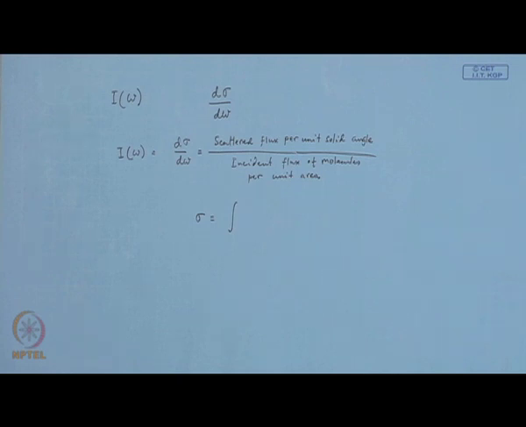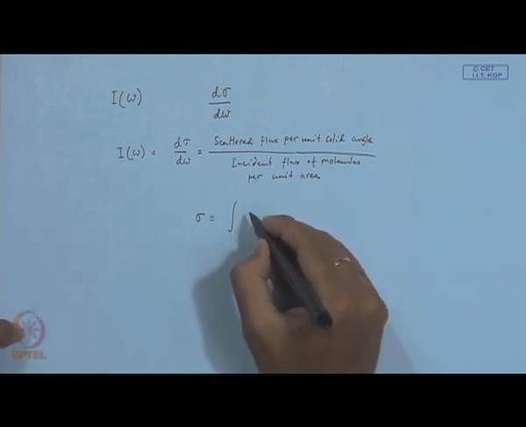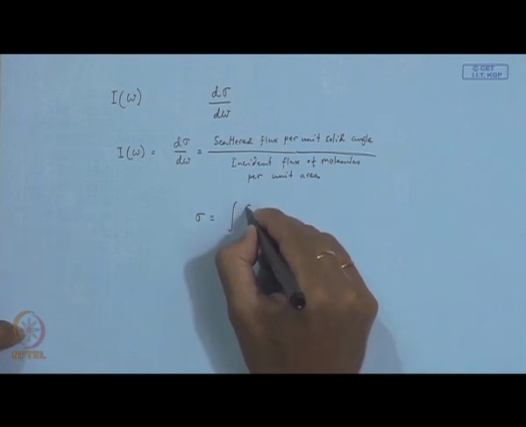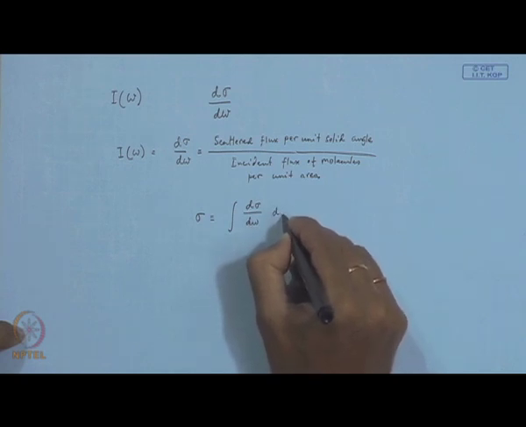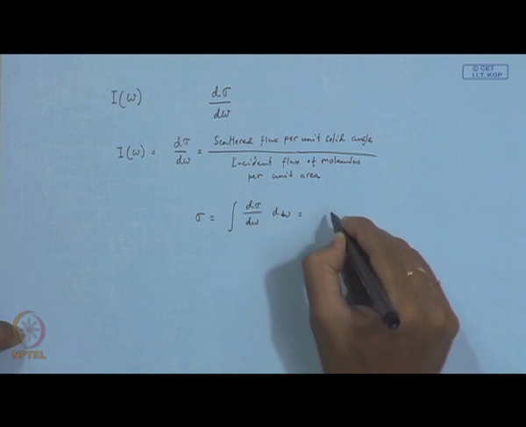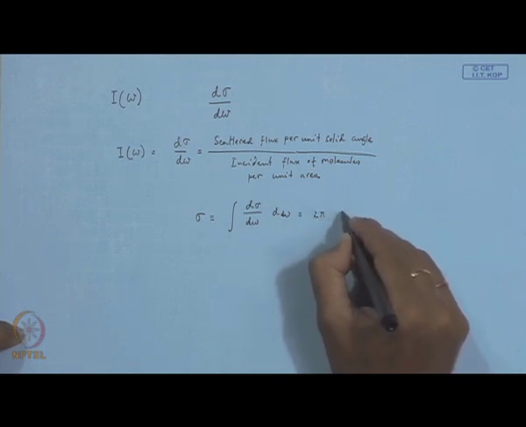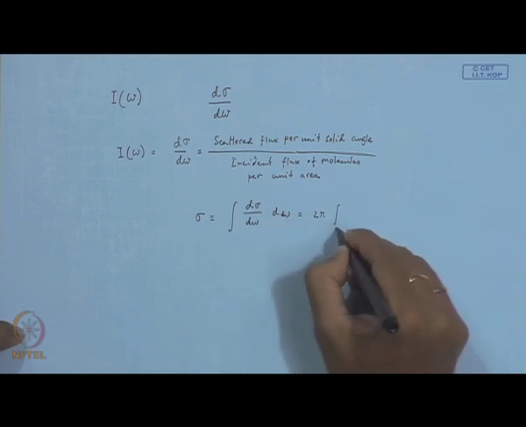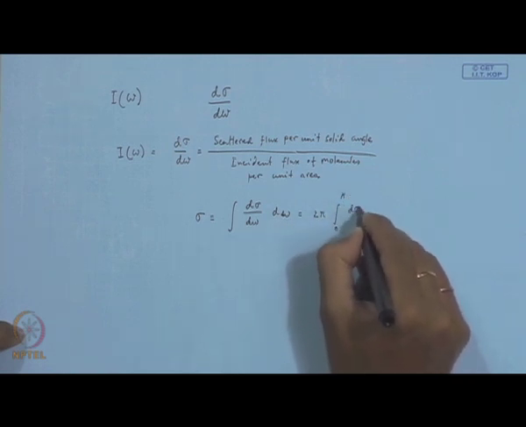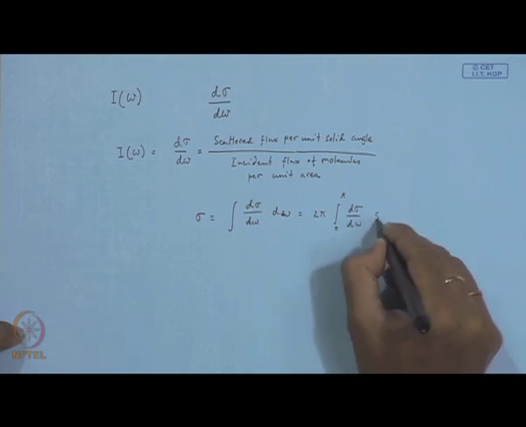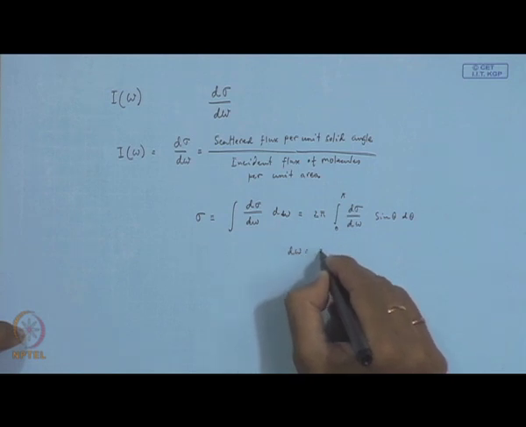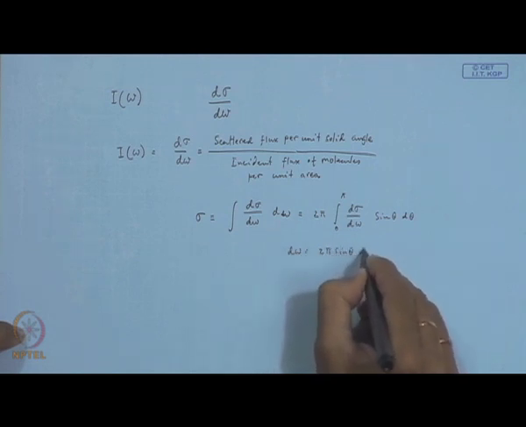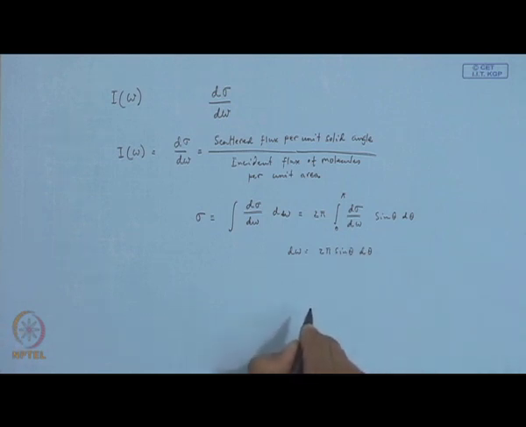So the total cross section can be calculated from d sigma d omega, which is twice pi integral 0 to pi d sigma d omega sin theta d theta, where d omega is nothing but 2 pi sin theta d theta. This way you can find it out.